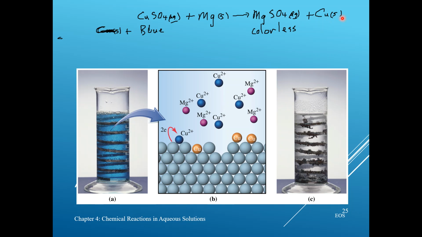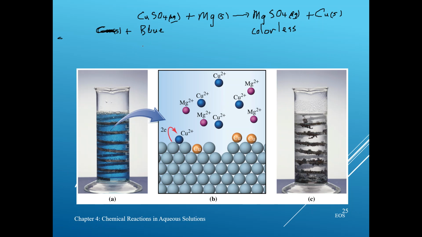Now, this here is the molecular equation. If you remember when we talked about precipitation reactions and writing down the net ionic equation, we made a distinction between the molecular equation, the ionic equation, and the net ionic equation. So what I'm going to show you now is the net ionic equation. I won't go through all the steps I would normally go through to get to it.